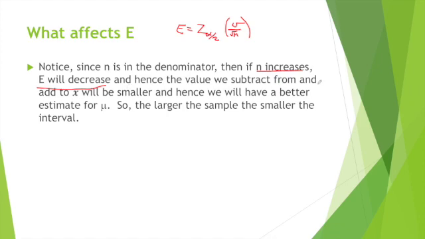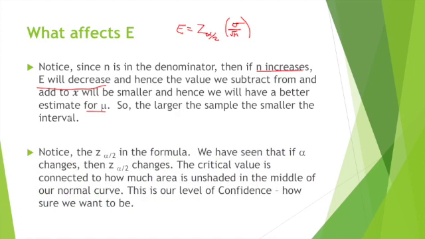That means the value we subtract from our sample mean will be smaller, and hence we'll have a smaller interval and a better estimate for mu. So the larger the sample size, the smaller the interval. And you can get that from looking at the equation.